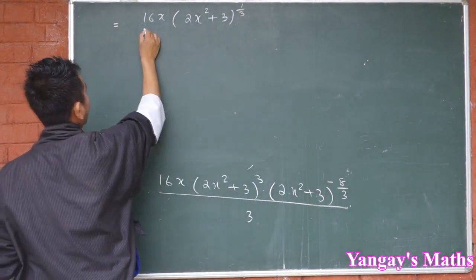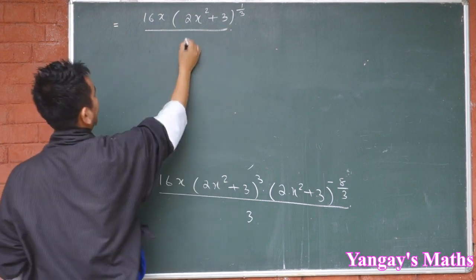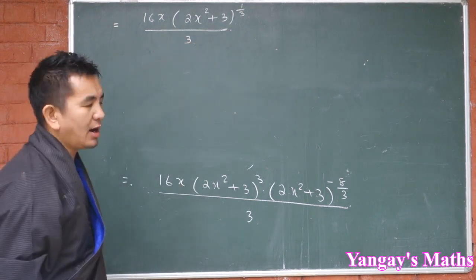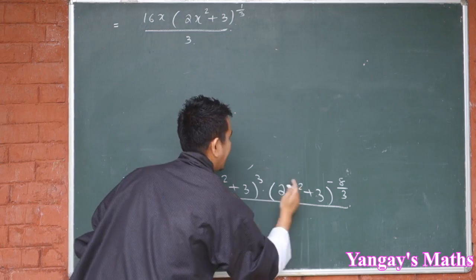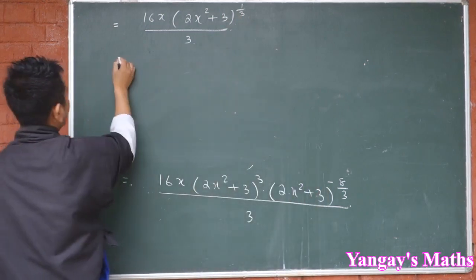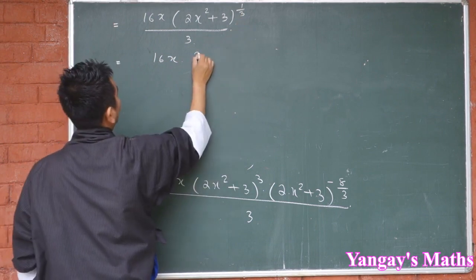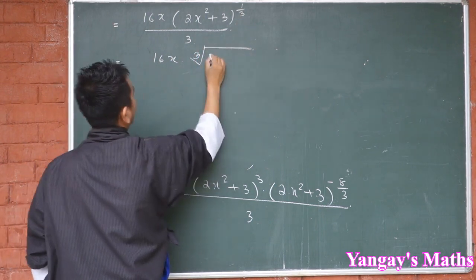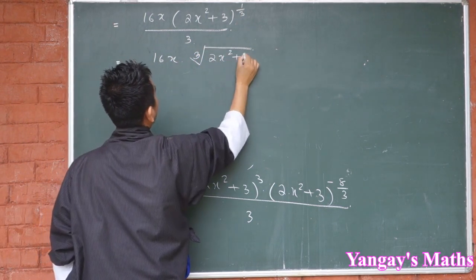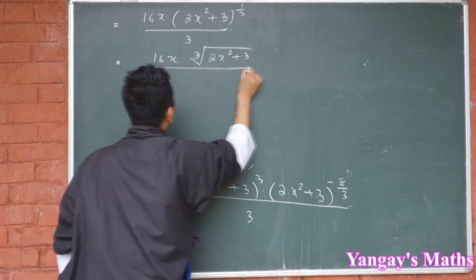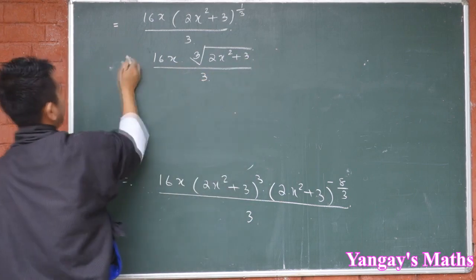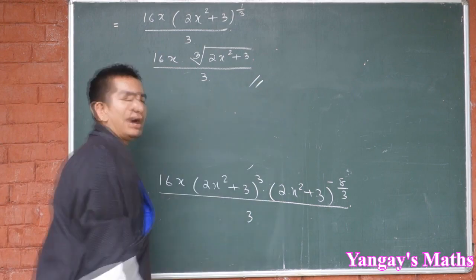If you want, you can change directly to the root divided by 3. Yes or no? Isn't it? 3 3s are 9. 9 minus 8 is equivalent to 1. So the final answer is we have 16x. Please change it to root. We have cube root of 2x squared plus 3 whole divided by 3. That's it. This is the final answer.